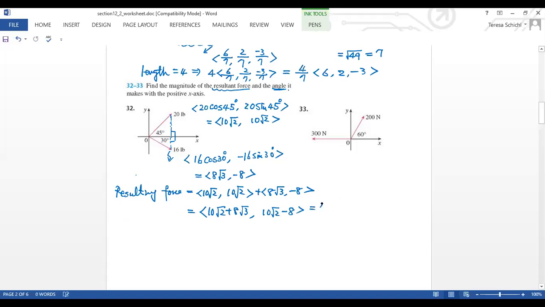If you put it into your calculator, you get about 28 for the first and 6.14 for the other.